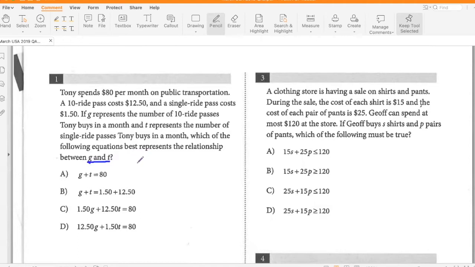So Tony spends $80 in total, right? And he buys G 10 ride passes. So the total cost of those would be 12.5G. And he buys T single ride passes. So the total cost of those would be 1.5T. And that total should be 80. So 12.5G plus 1.5T is 80, option D.